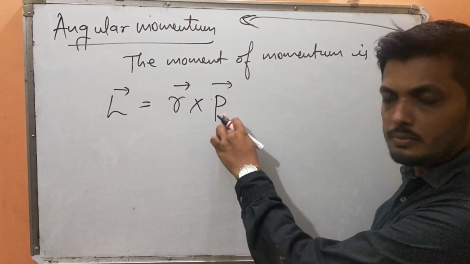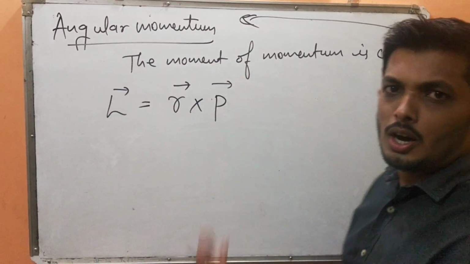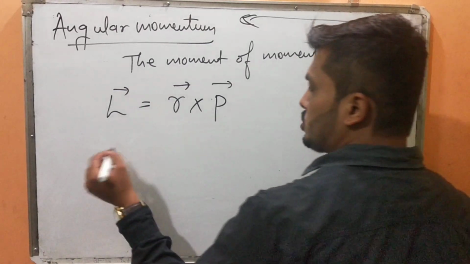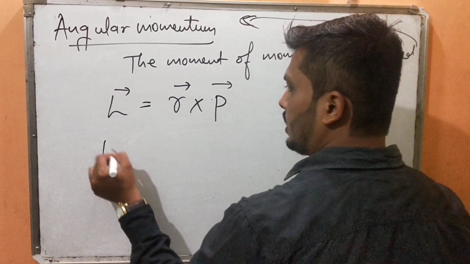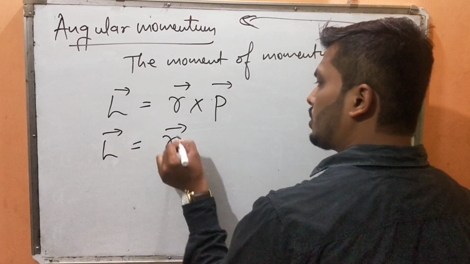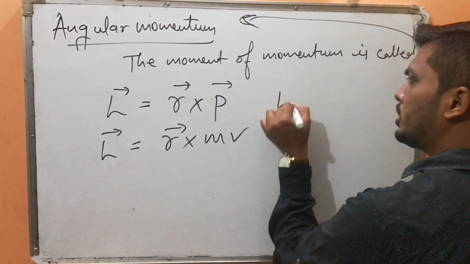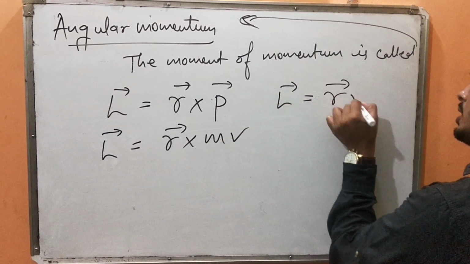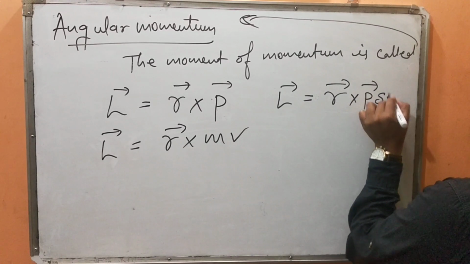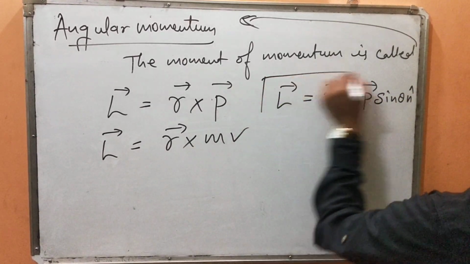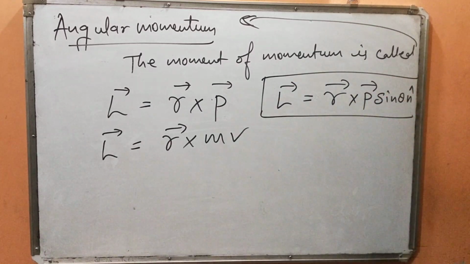So what was this P? A linear momentum. Multiply R, it will give you angular momentum. So I can write angular momentum as L equals R cross P. What can I write P as? P can be written as mv. You can also reduce this formula as R P sine theta n cap, with n cap because it is a cross product.